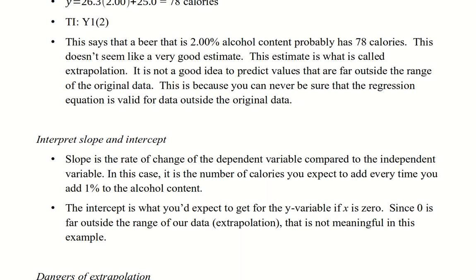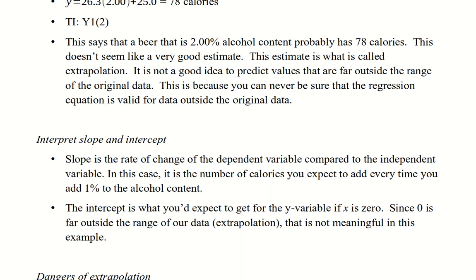So the beer content goes up by 1%, you expect 26.3 more calories. There's also the Y-intercept, that 25.0. The intercept is what you'd expect for the Y variable if X is 0. In other words, a beer with 0% alcohol.